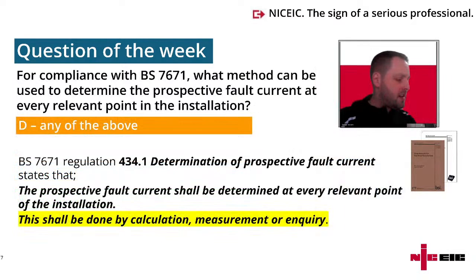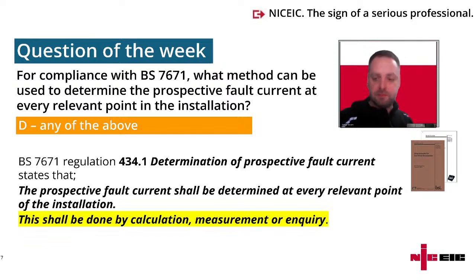It actually says that in regulation 434.1. It tells you that determination of prospective fault current can be, or shall be, by either of those methods: calculation, measurement, or inquiry. The question that we had from an engineer last week was about why.